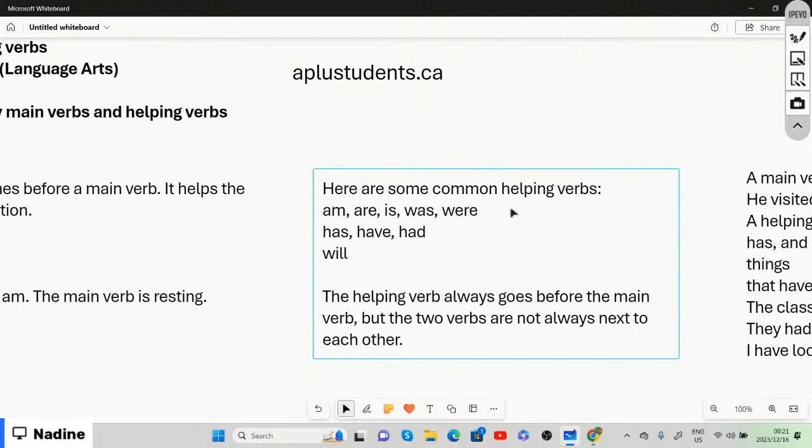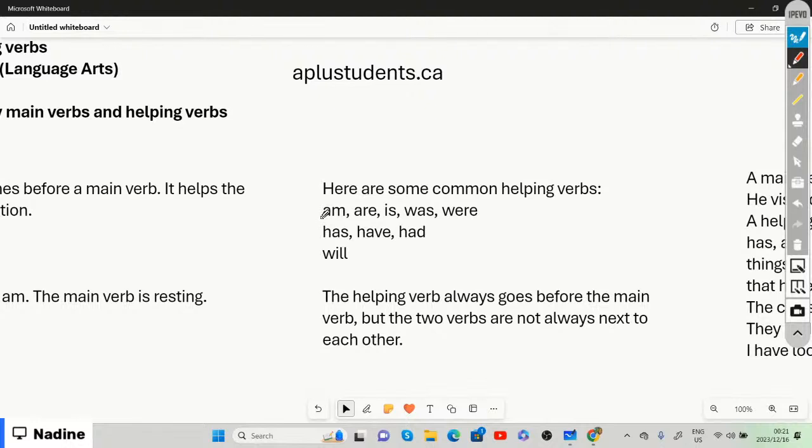So sometimes the helping verb as well as the main verb are not next to each other. So for now, you're just going to have to know the helping verbs. And like I said, over here, we have our helping verbs, which are am, are, is, was, were, has, have, had, will.